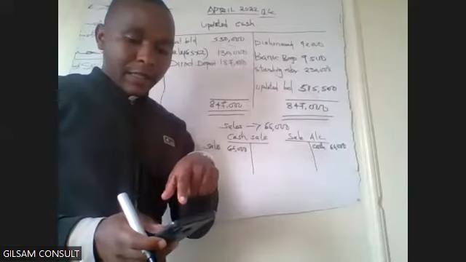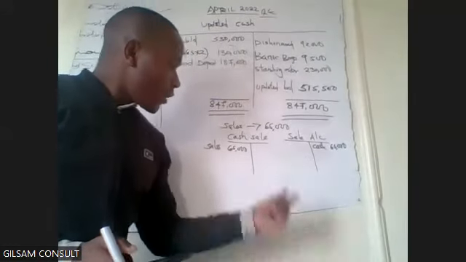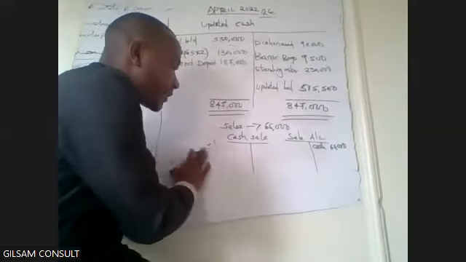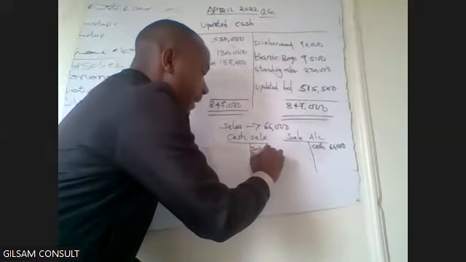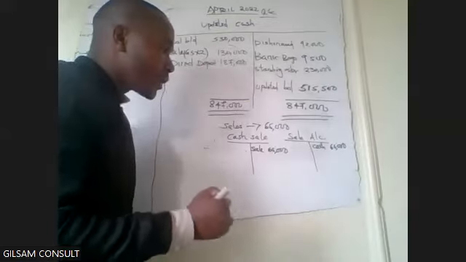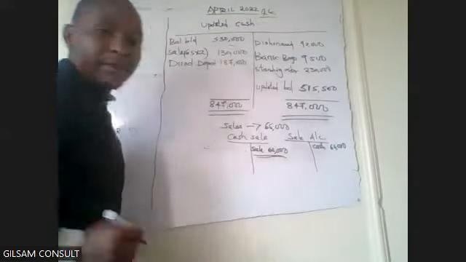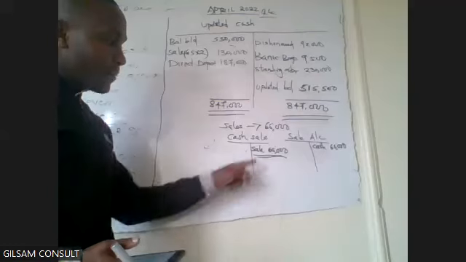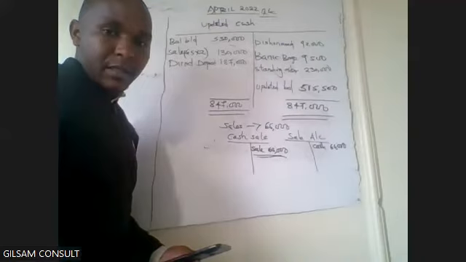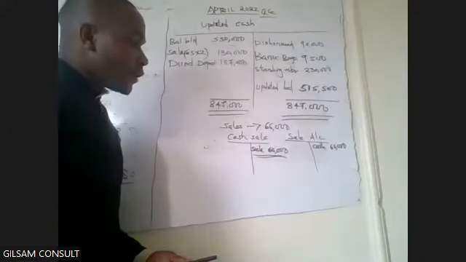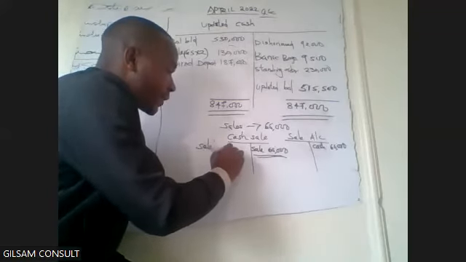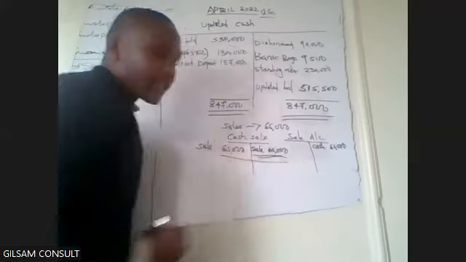But how did that accountant record it? Instead of debiting 65,000, he credited 65,000. That's why you need to do reconciliation to correct this error. So if you debit the same amount, 65,000, you will have deleted this transaction.